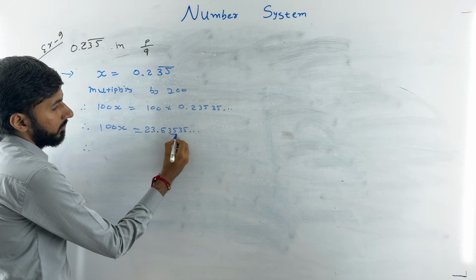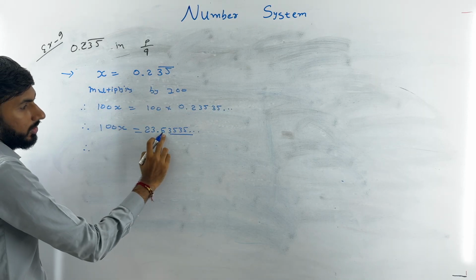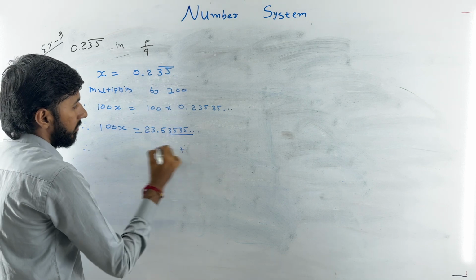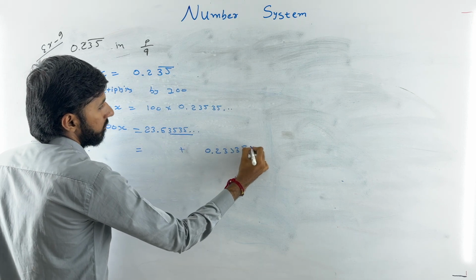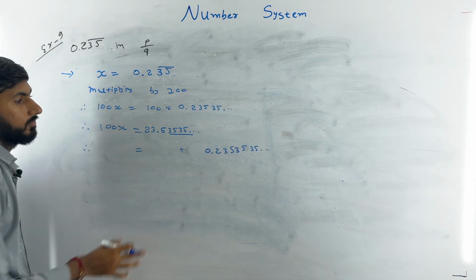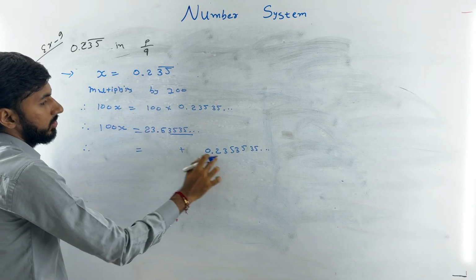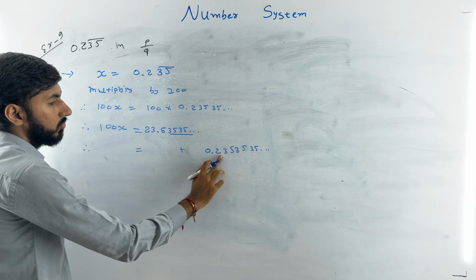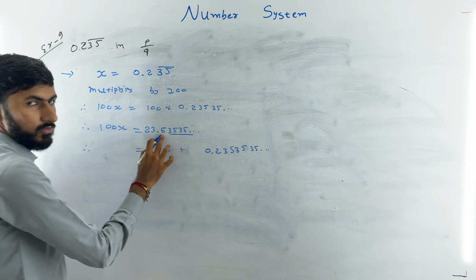Here 353535 are done already, but here I have 2 and here I have 5. So let me write 0.2353535 so that I can use x here. Now here I have 5, here I have 2, so I have to write 3 because 3 plus 2 becomes 5.